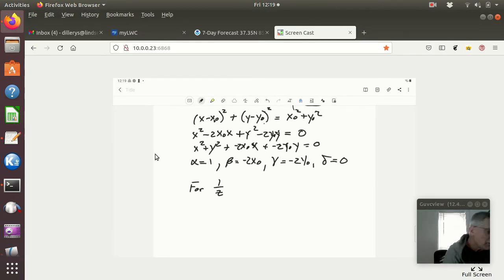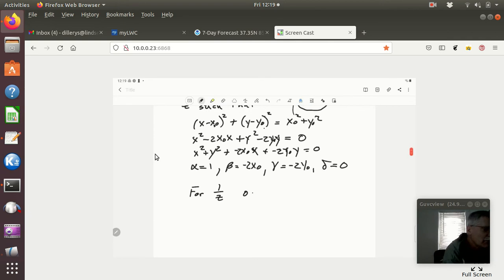So for 1 over z, in this case, then 0 is equal to 1, and then it was beta times u, so minus 2x naught times u, and then plus, because that was a negative, 2y naught times v. But then delta was 0, so we get this. But then you see, oh, that's a line.